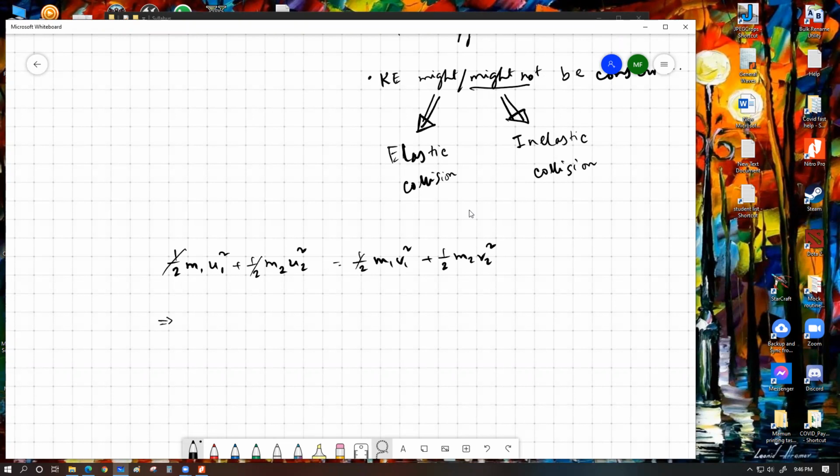Then if I take the whole thing common over here, m1 into v1 square minus u1 square equals m2 into u2 squared minus v2 squared, which gives us m1 into v1 plus u1 into v1 minus u1 should be equal to m2 into u2 plus v2 multiplied by u2 minus v2.